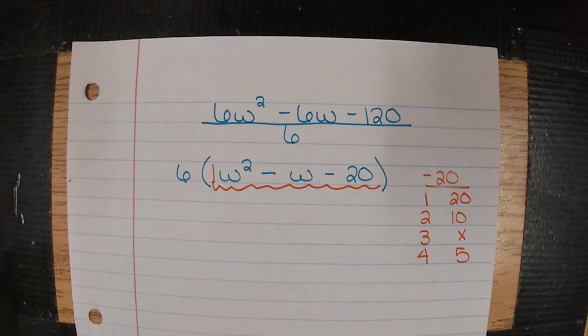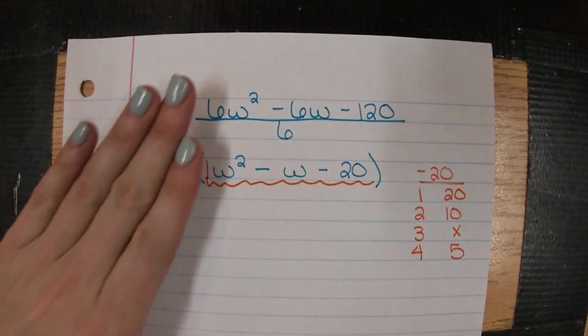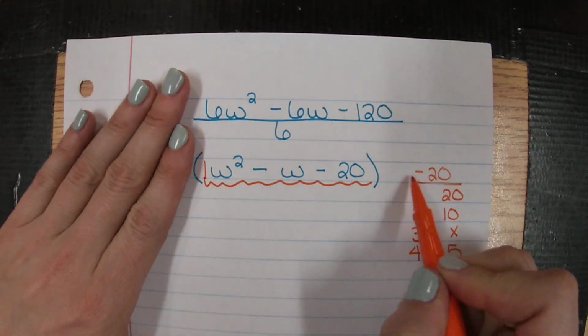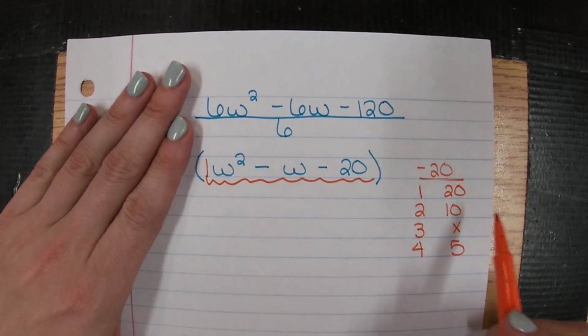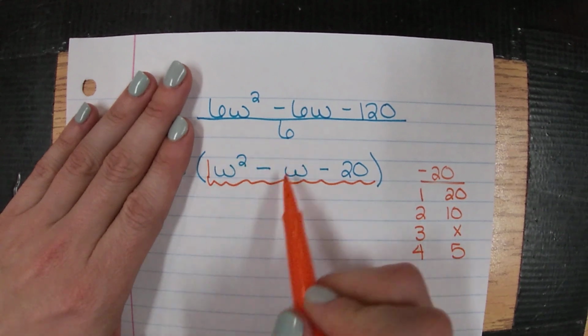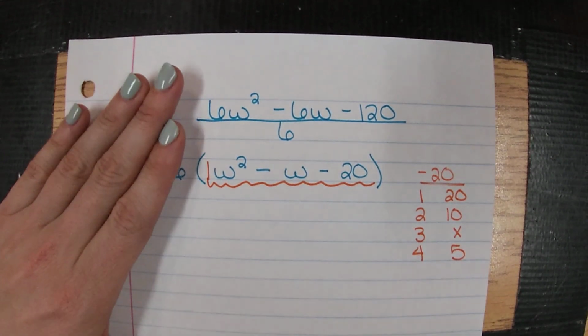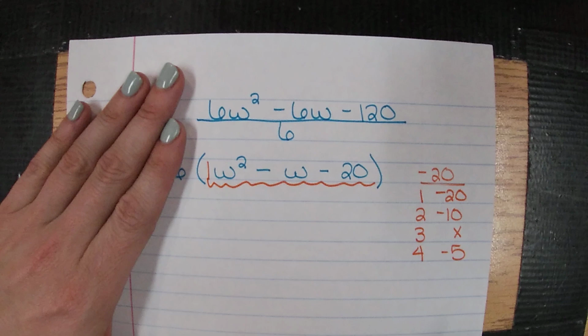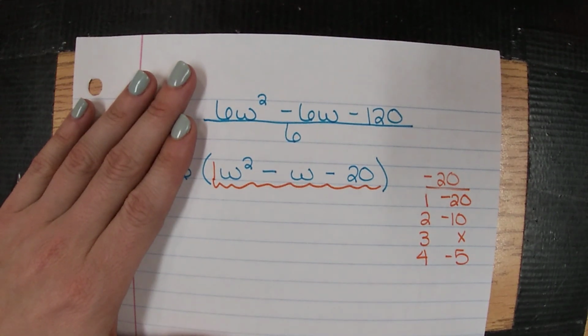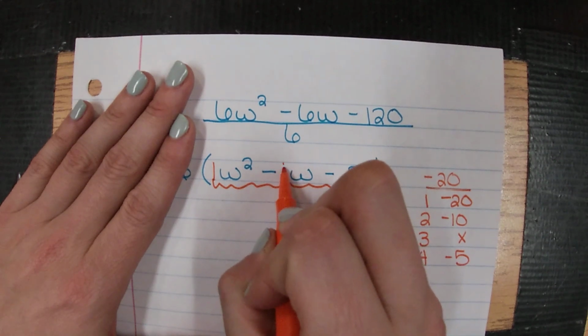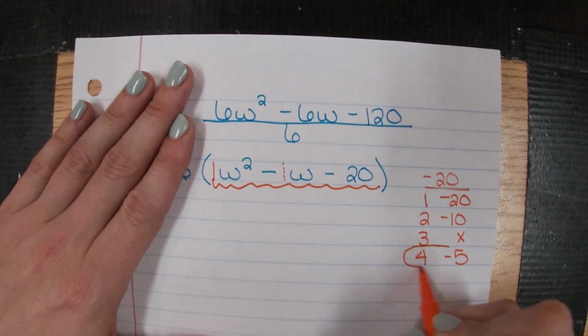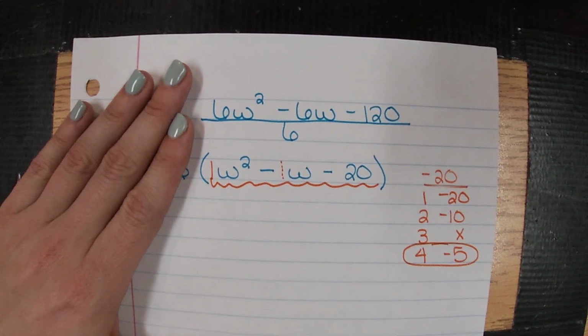Okay, then we need to check our signs. Because this is negative, we need 1 negative and 1 positive. And the larger one is the sign of B when we need one of each. So our larger one is the negative. And we need the pair that will add up to negative 1, right? So 4 and negative 5.